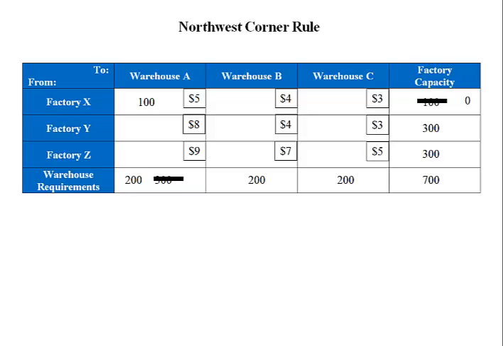Okay, so basically we have maxed out the capacity at factory X. So we're going to slide a little X beside that, indicating that we can't use that row anymore.